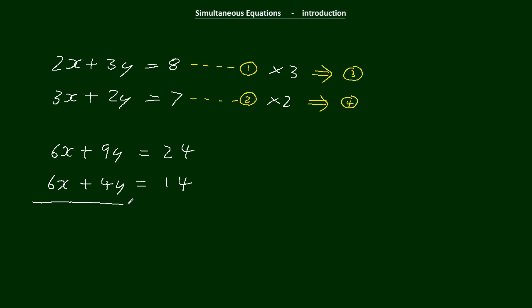I think we subtract them. I better label them. I said subtract, didn't I? So, right. 6x minus 6x, it goes. 9y minus 4y, 5y. 24 minus 14, 10. So y must be 2.